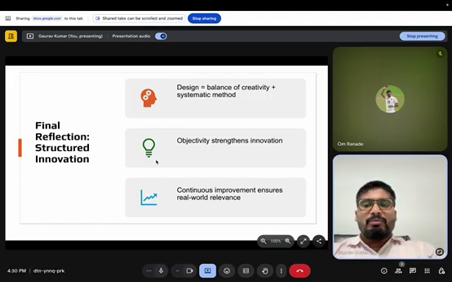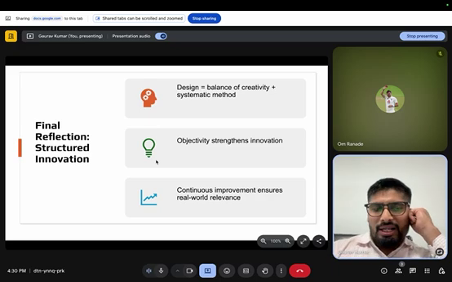Objectivity in scoring strengthens innovation by ensuring that design excellence is not accidental but demonstrable. Continuous improvement achievable through feedback and refinement ensures the design remains relevant and effective in real-world conditions.